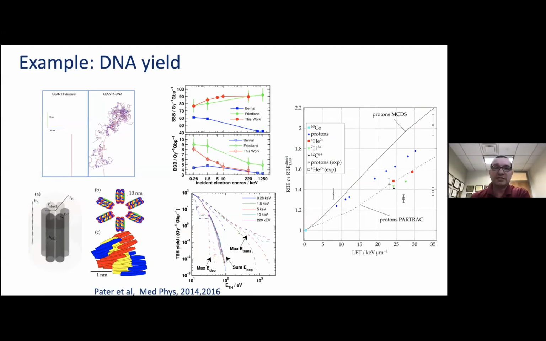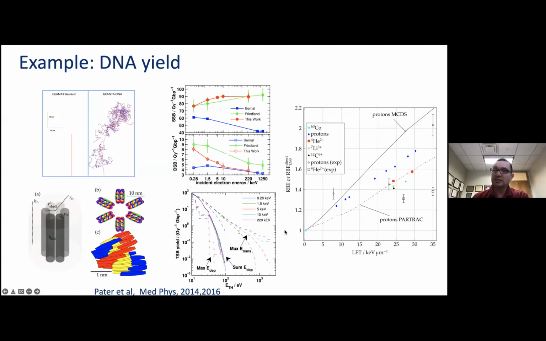And this is showing the DNA damage yield, whether single strand breaks or double strand breaks, for the different DNA structure models, from some of the work we've done, some of the work in Quadratic, and some of the work in Geant4, as a function of the incident energies, as well as of the parameters used in these models, whether they are threshold parameters and so on.